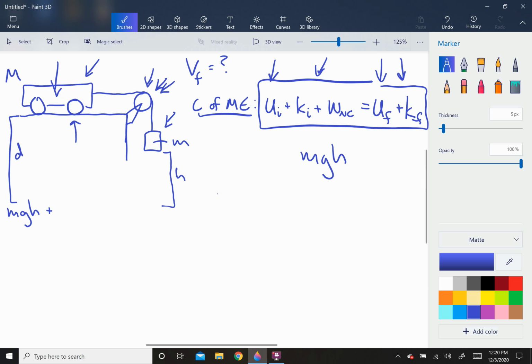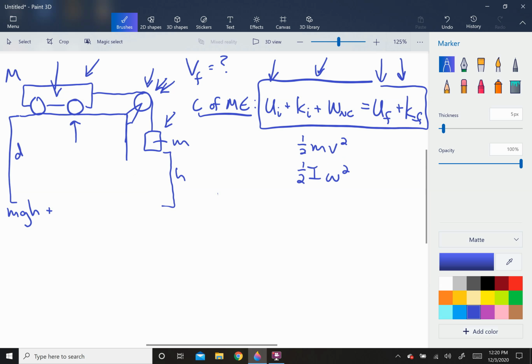And then do we have kinetic energy initial? At this moment in time, right before everything starts moving, is anything spinning? The answer is no. Let's go even a little slower on this. The kinetic energy, remember we had the two types, 1/2 mv squared and 1/2 I omega squared.